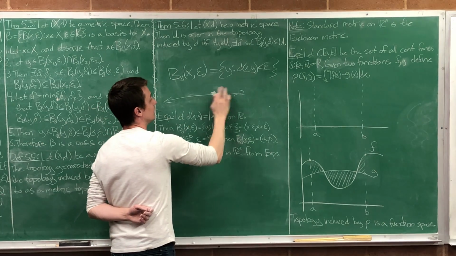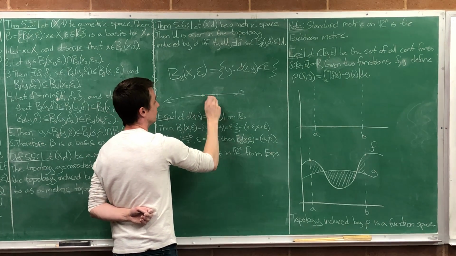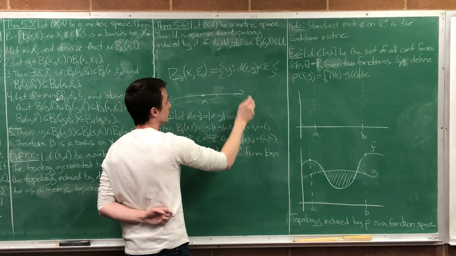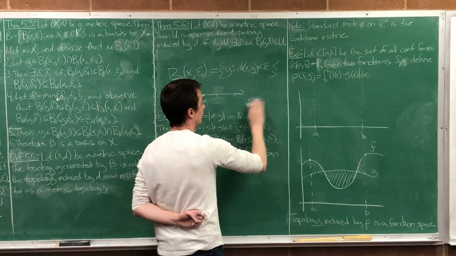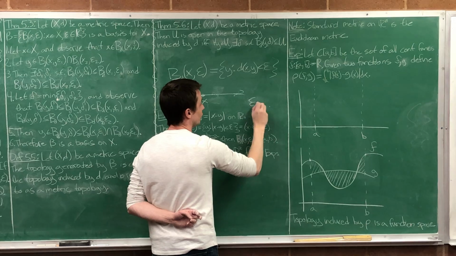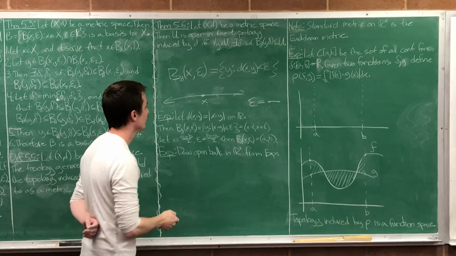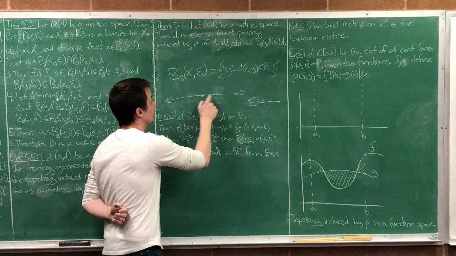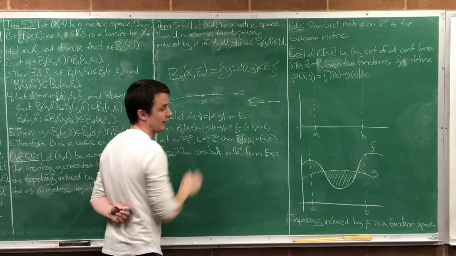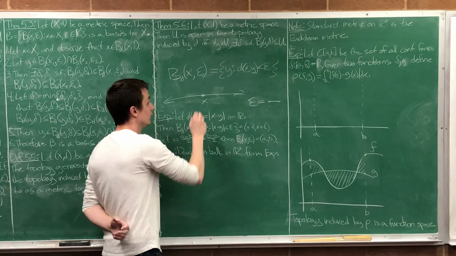So if we pick x right here and epsilon is equal to this distance, whatever that distance is, what are all the points on the real number line within this distance of x? One to the right, one to the left.